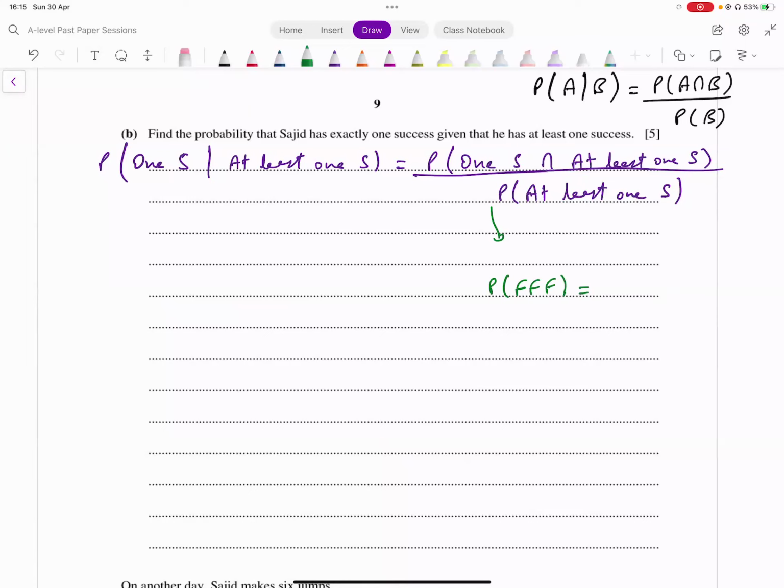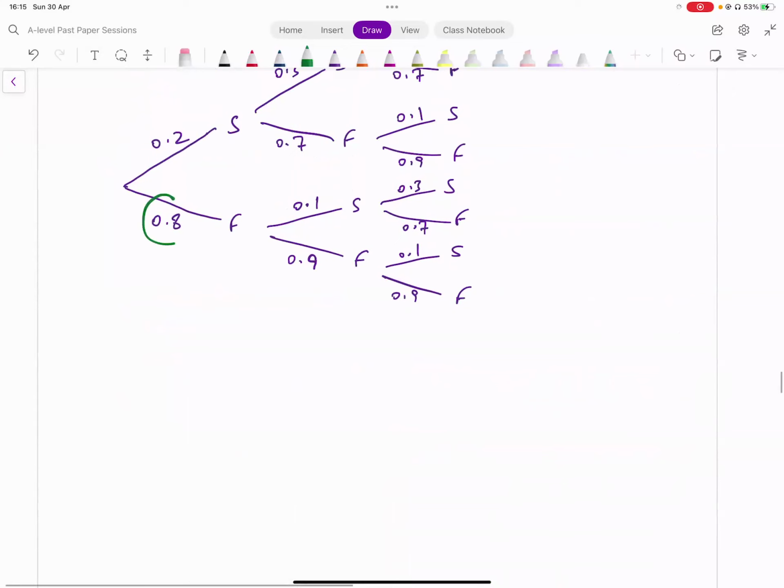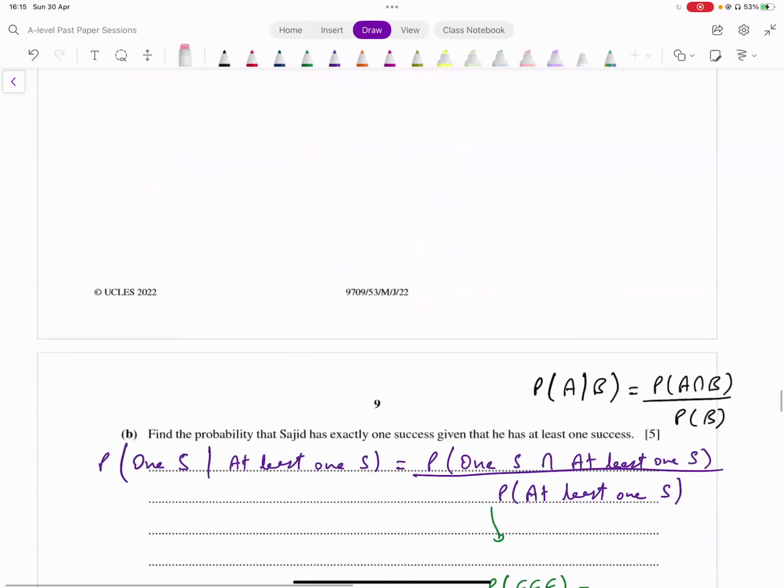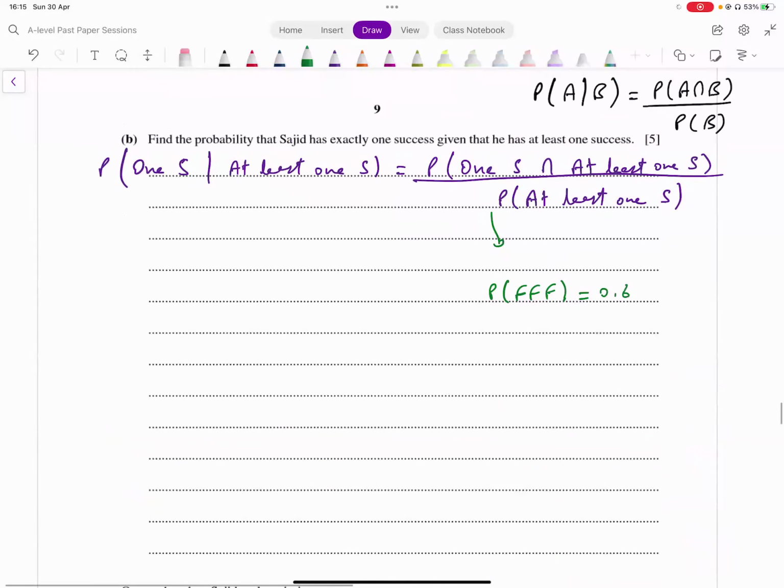This is the same as probability of all f's. And what is that going to be? 0.8 into 0.9 into 0.9. What does that give you? 0.8 into 0.9 into 0.9, that is 0.648. ठीक है, ये आपके पास ये probability आ गई, denominator आ गया आपके पास.